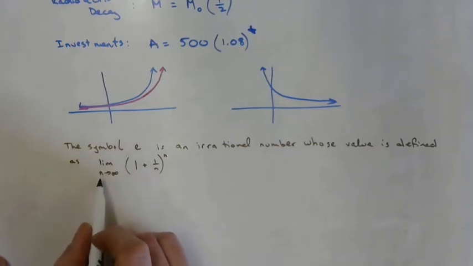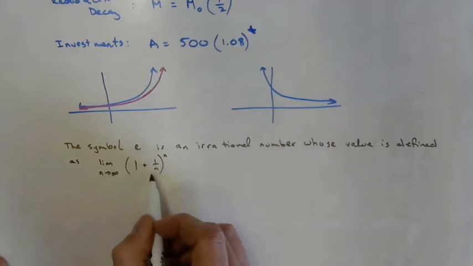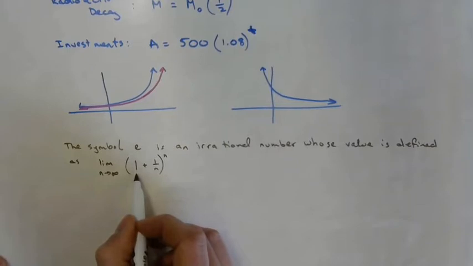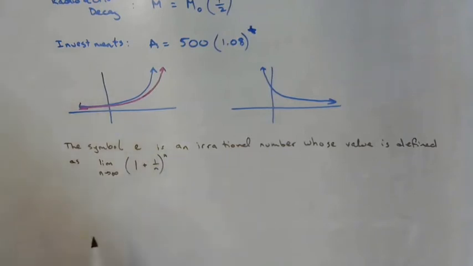As we're taking the limit as n approaches infinity, you can see this fraction is getting closer and closer to 0. So the value within the brackets is getting closer and closer to 1 from above. And then we're multiplying it by itself an infinite number of times.